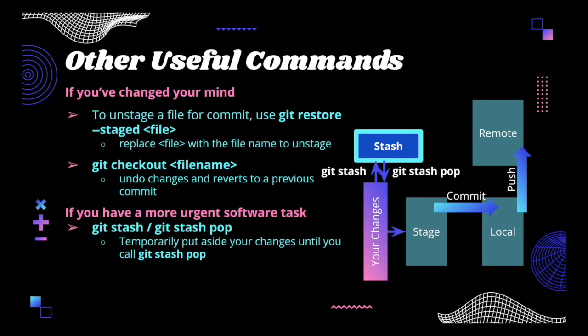If you have a more urgent software task, use git stash and git stash pop to temporarily put aside your changes until you call git stash pop. This is shown in the diagram where there's a separate storage place for the stash, and then you can use it to stash your changes or to access the changes you stashed.